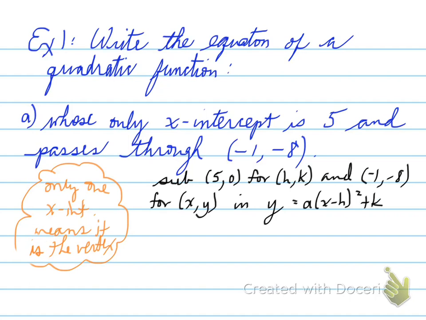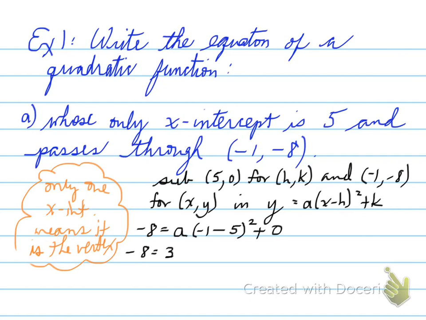Plug in the values. y will be -8 equals a, which remains a because that's what we're looking for, times (x is -1 minus h, which is 5) all squared, plus k, which is plus 0.